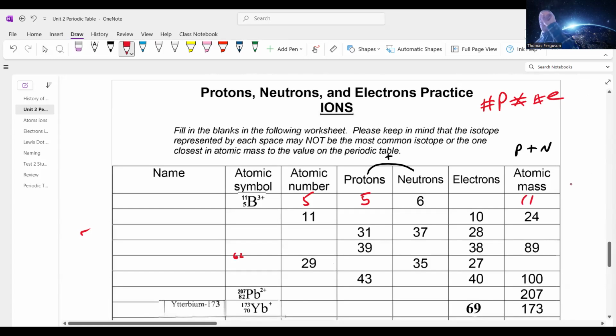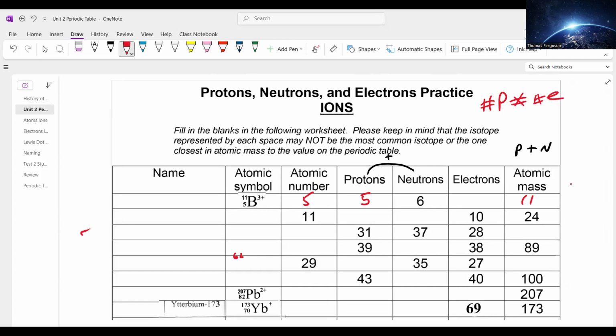Okay, so +3 means we have 3 more positively charged subatomic particles. 3 more. And you can't change protons because that'll change the element. The only thing you can change are a number of electrons.